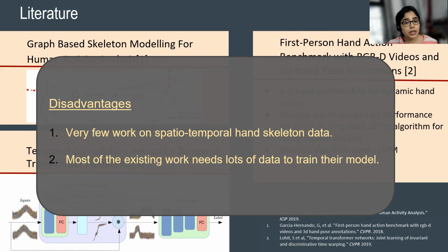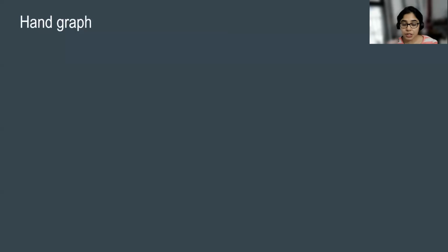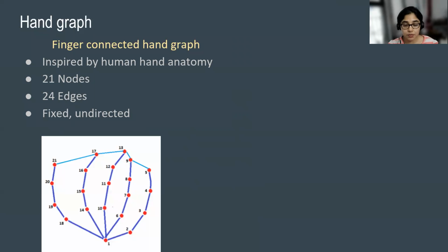But sometimes there are cases where we do not have any information or any data available for the task. In those cases, we will be able to use this spatiotemporal hand graph representation.